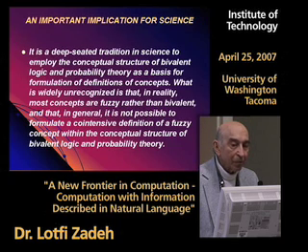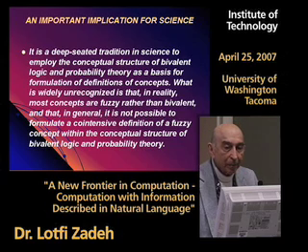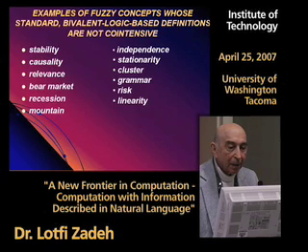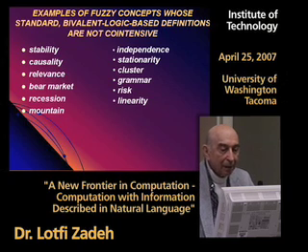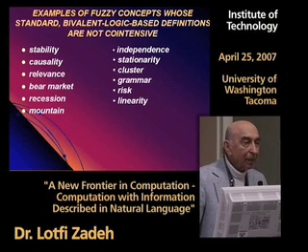So, in scientific theories, we use, for the most part, bivalent logic. And we define various concepts as bivalent concepts, either true or not true. Either it fits or doesn't fit. But in reality, these concepts are not really bivalent.